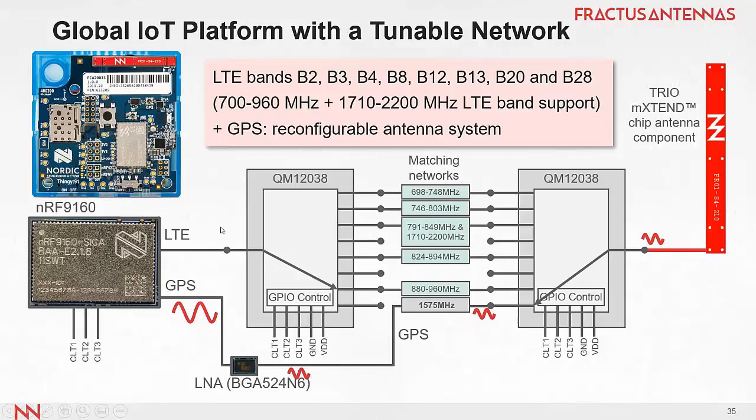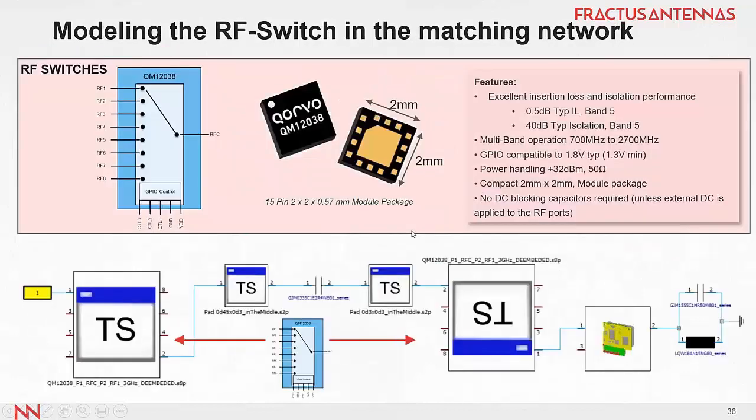Yes, for sure. We can put here our RF generator, our 50 ohm ports, and we can handle these switches as shown in this picture. This is the switch. It's a very tiny component, only 2 by 2 millimeters, so it's really small, like an inductor or capacitor. And the S-parameters are available, which take into account the isolation as well as the insertion loss of all ports.